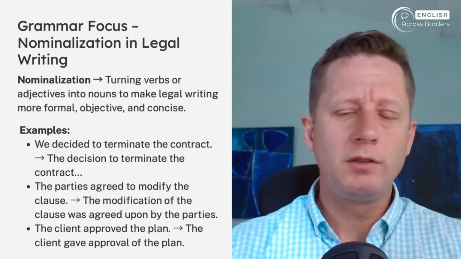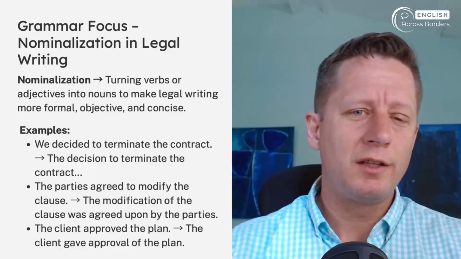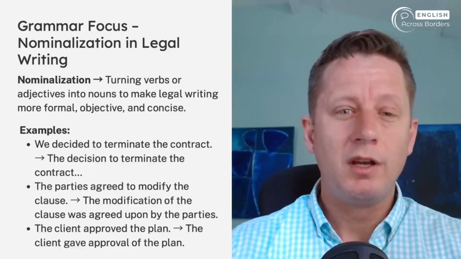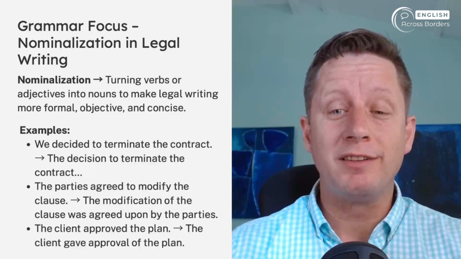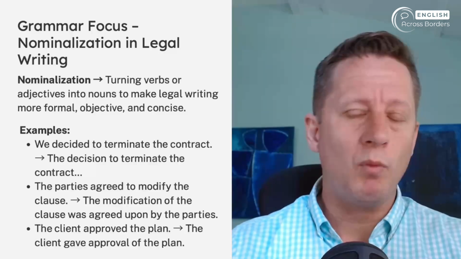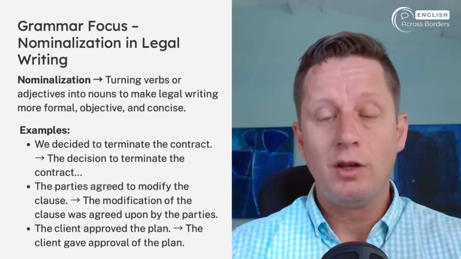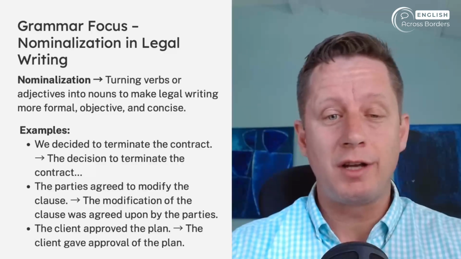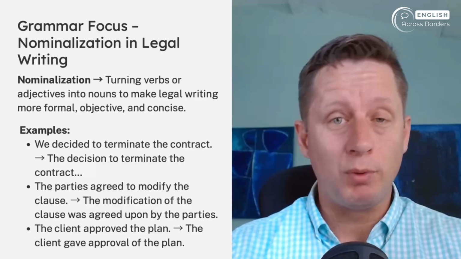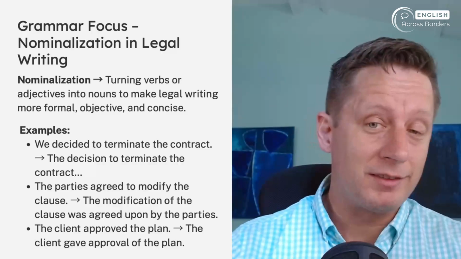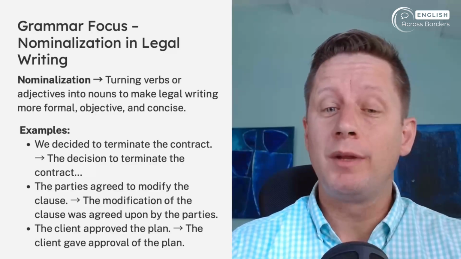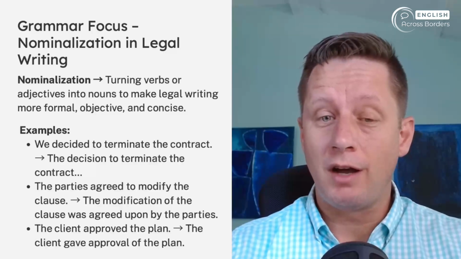In professional legal English, we often transform actions into nouns, a process called nominalization. This makes writing more formal and analytical, which is essential in contracts, memoranda, and reports. For example, the direct statement, "We decided to terminate the contract," sounds conversational.